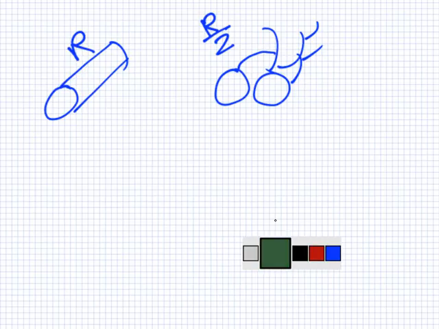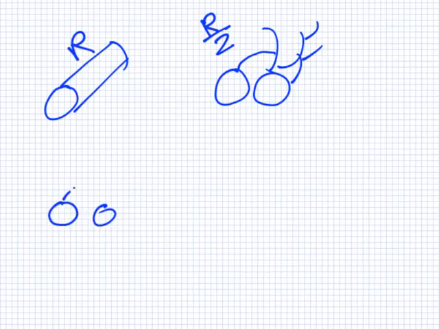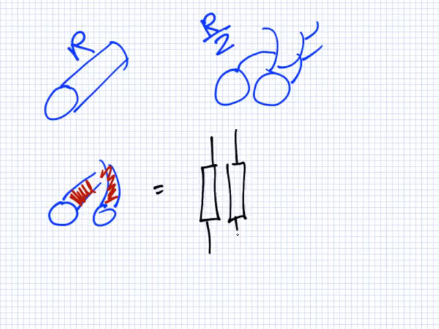Now, let's imagine we had two wires. They're braided, but they're insulated, which means they're protected. They don't touch. This is exactly the same picture as two long resistors in parallel.